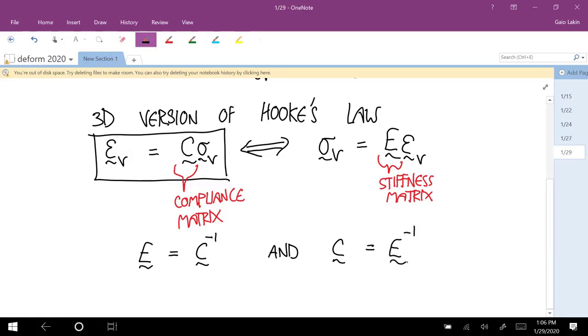And your calculators will do inverses for you. So if you can come up with one of these matrices, then you're good. There's no reason to know the form of the other one.